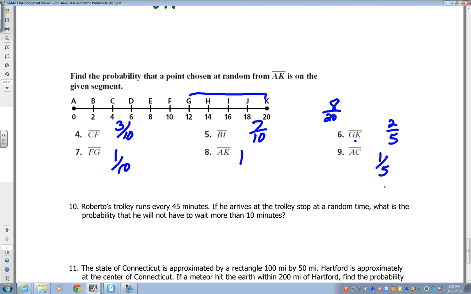All right, they have to have the reduced ratio. Number 4 was 3/10, 5 was 7/10, 6 was 2/5, 7 was 1/10, 8 was 1, and 9 was 1/5.